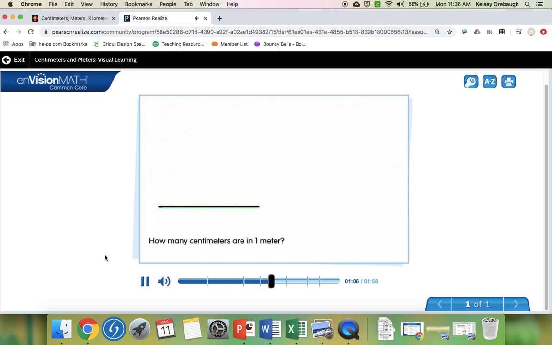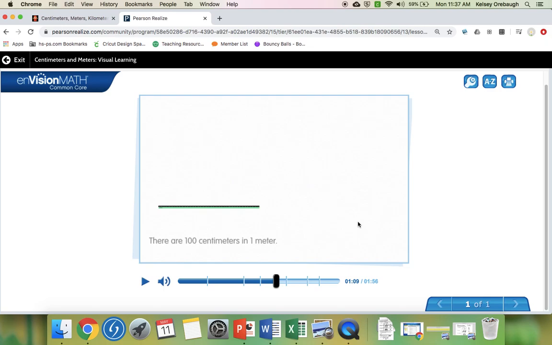How many centimeters are in 1 meter? I wanted to get there before the answer was there because we know about prefixes and we also know about the word cent because of our money unit. We know that 1 cent, 1 penny, is worth 1 cent.